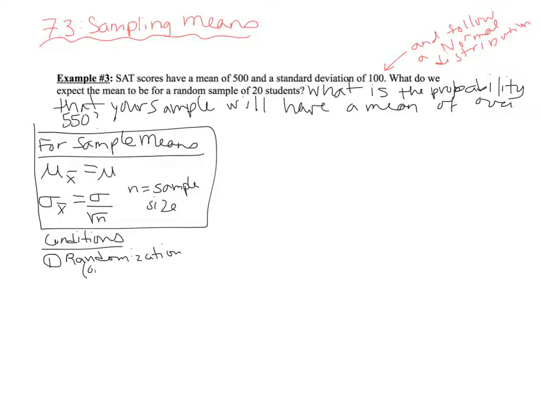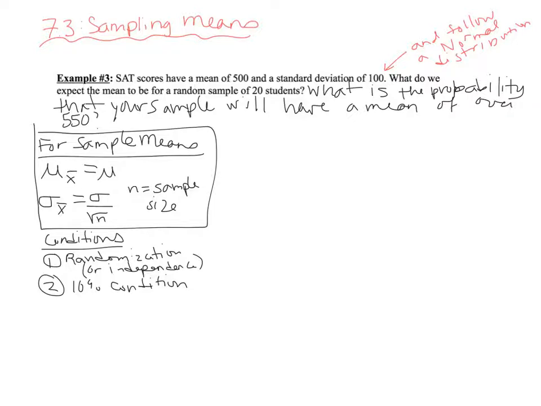Alternatively, you can have independence if there is no randomization. You also will need the 10% condition, and the 10% condition allows you to use the standard deviation formula there.